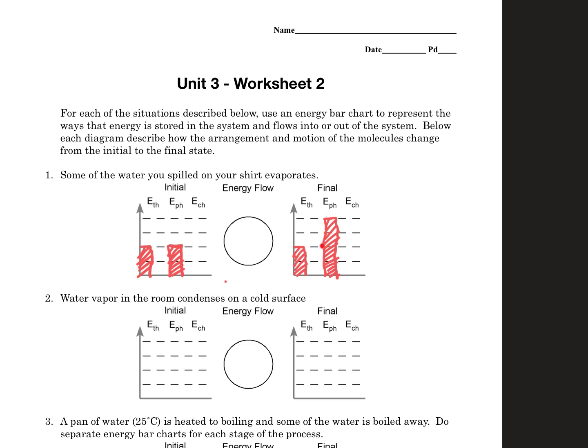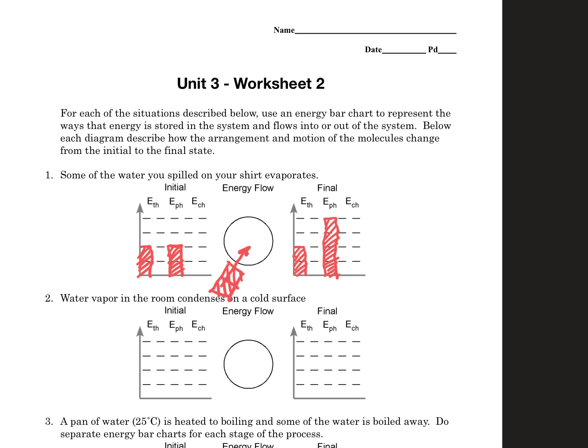We're adding 2 bars of energy to the system. This water vapor has absorbed some energy in order to go through the phase change. The temperature itself has not changed, okay? So we can see that energy is going into our system to make that happen. So in the process, our system gained 2 bars of energy, okay?